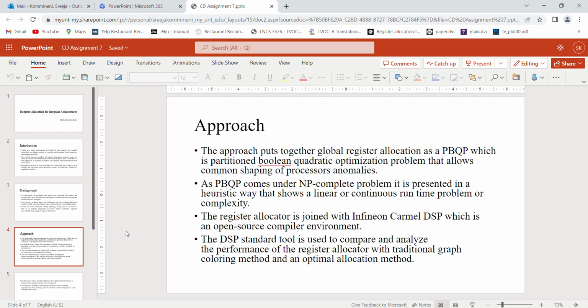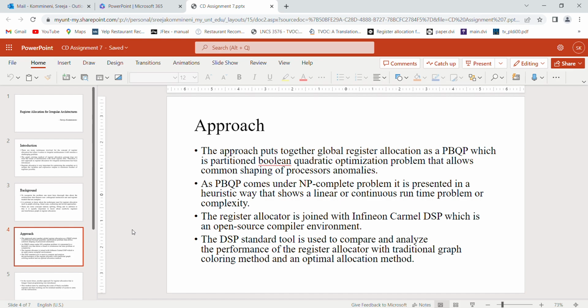Next, coming to the approach. The approach formulates global allocation as a partitioned Boolean quadratic optimization problem, that is PBQP, that allows generic modeling of processors' peculiarities or anomalies. As PBQP is NP-complete, it is presented in a heuristic way that exhibits a nearly linear runtime complexity.